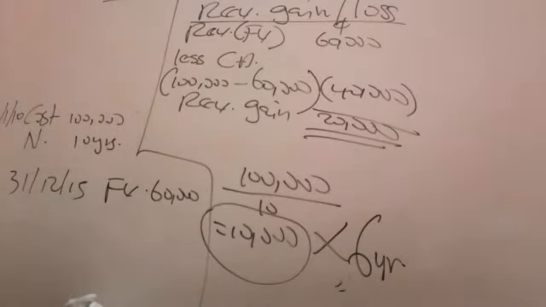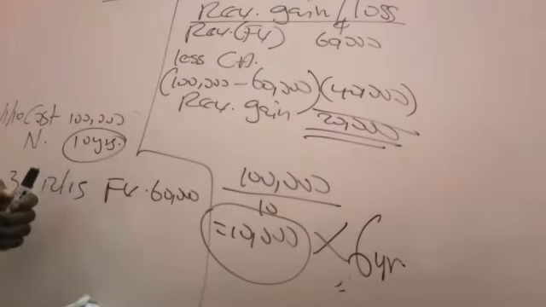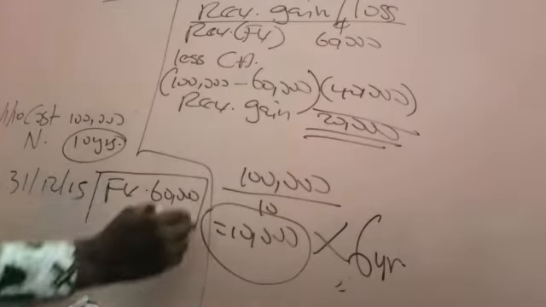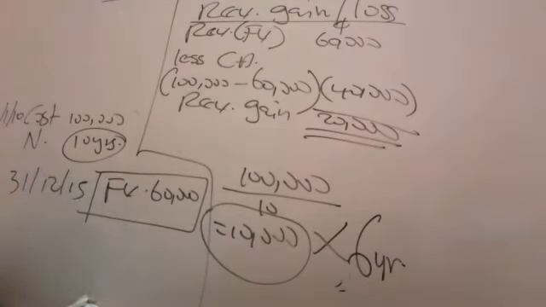Now for the asset depreciation, we have to calculate the new depreciation. What will be the new depreciation? The asset has a useful life of 10 years, and depreciation is on straight line. Now we've exhausted 6 years, so we are left with how many years? 4 years. Just that now the value of the asset will be 60,000.